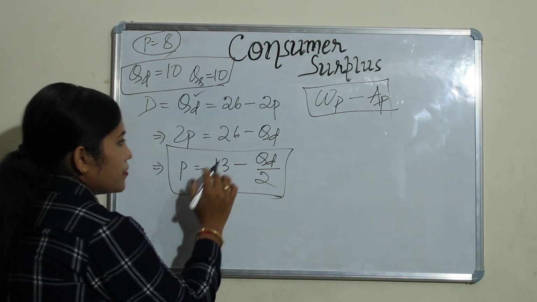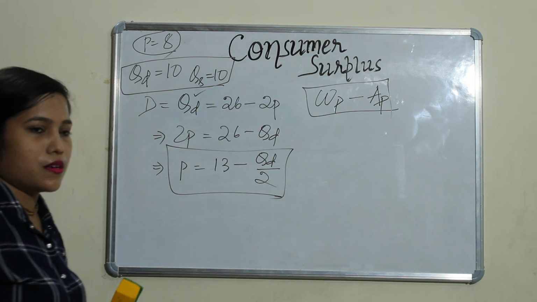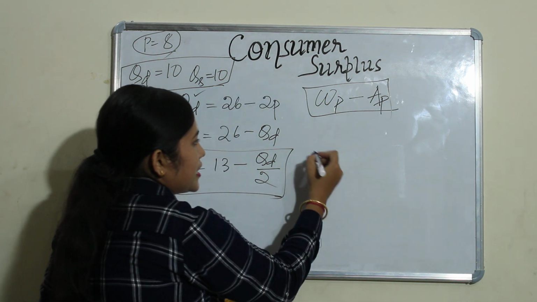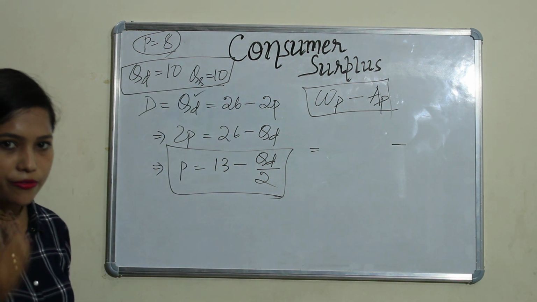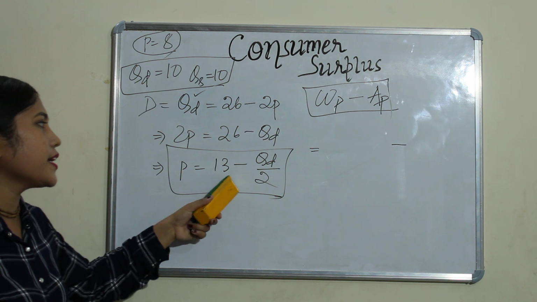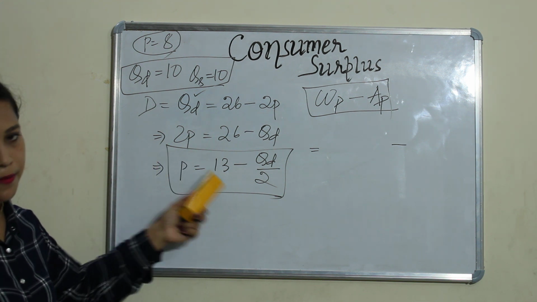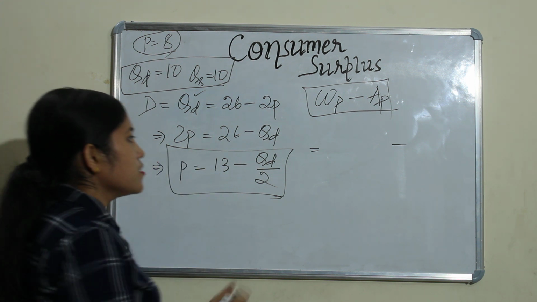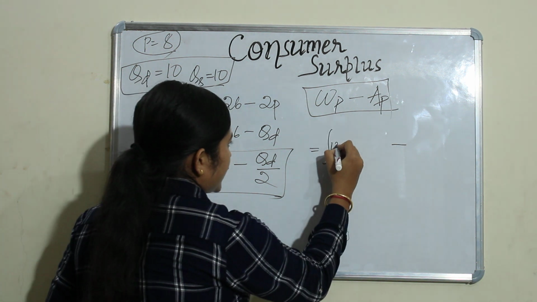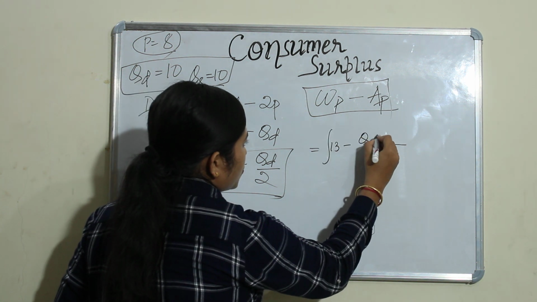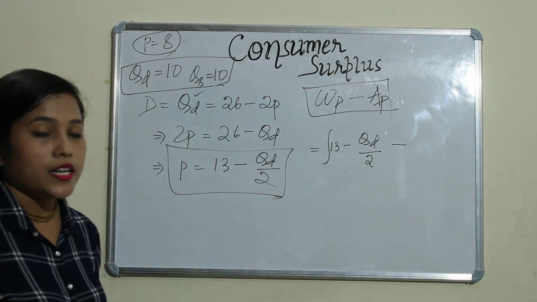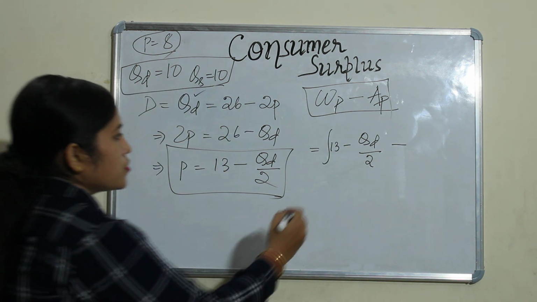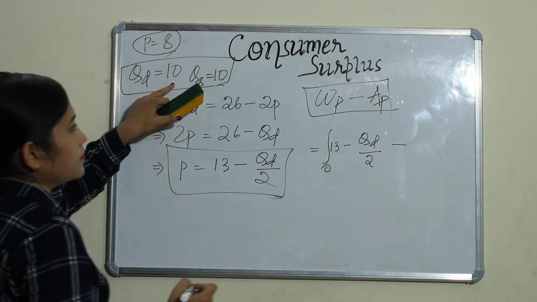So from this we will find out consumer surplus. What will be the willingness to pay? If we want to find the willingness to pay, we have to take the integration of this P equation: the integration of 13 minus QD by 2, and your limit should be in quantity form, so 0 to 10.